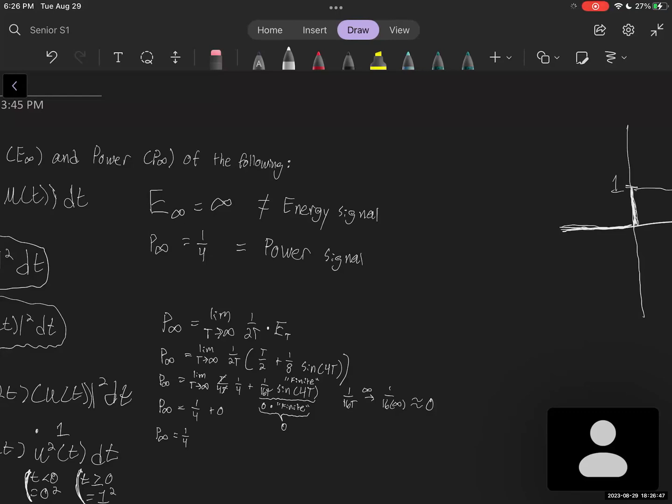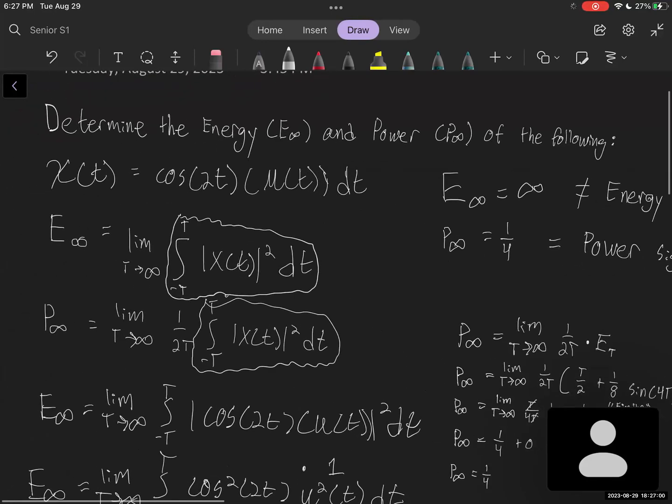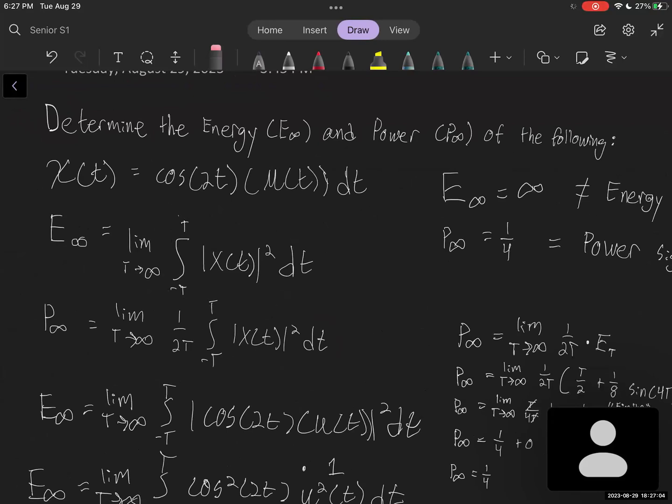One comment I might add is that if you think about the definition, Ryan, if you don't mind scrolling over a little bit to the left so that we can see those, the non-energiness or non-powerness only comes when we get into trouble with the t equals infinity part.